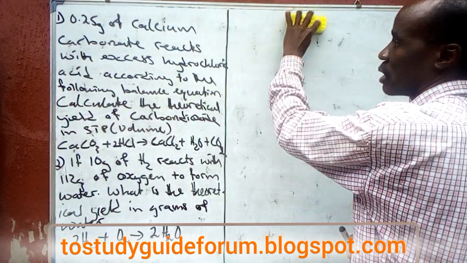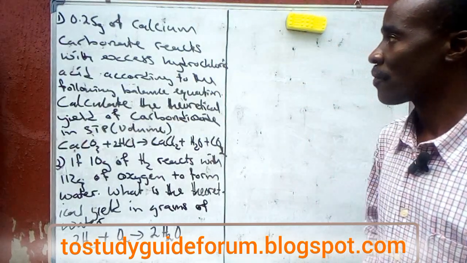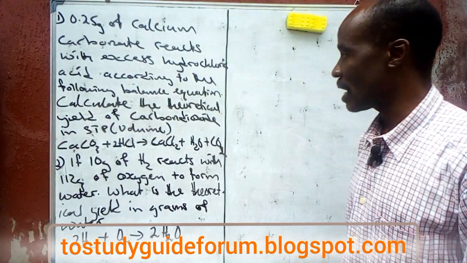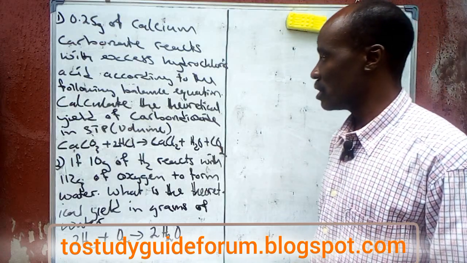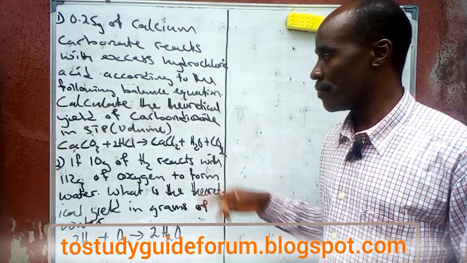The first one we're going to look at says that 0.25 grams of calcium carbonate reacts with excess hydrochloric acid according to the following balanced equation. Calculate the theoretical yield of carbon dioxide in STP volume.